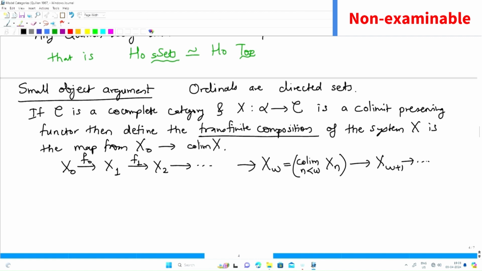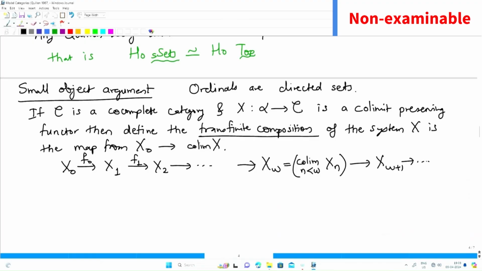Very beautiful concept, because you normally think of composition as a binary operation, but here you can talk about infinitary compositions. Transfinite compositions can be defined in a category with colimits.